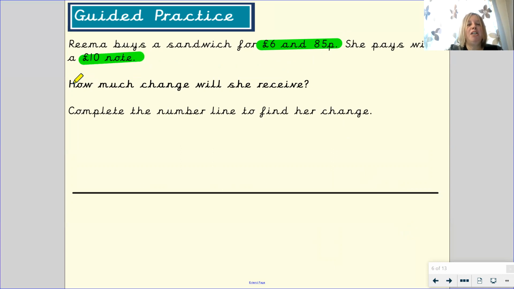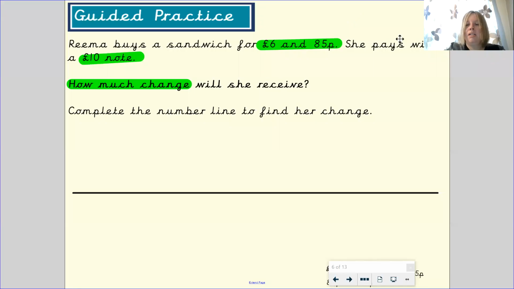How much change will she receive? So we want to find out how much change Rima will get. What I would like you to do is pause the video and practice using the number line method that we used yesterday. Then we will come back together and look at the solution to the problem.